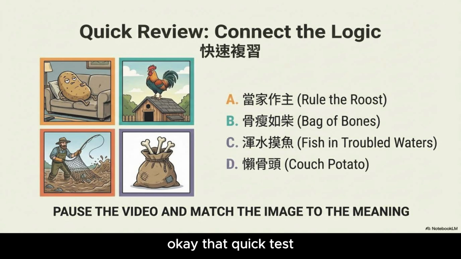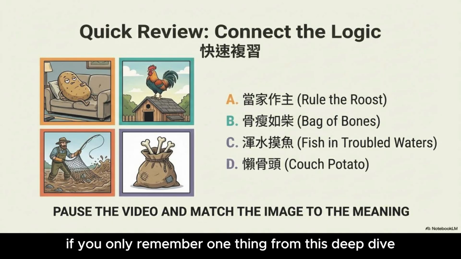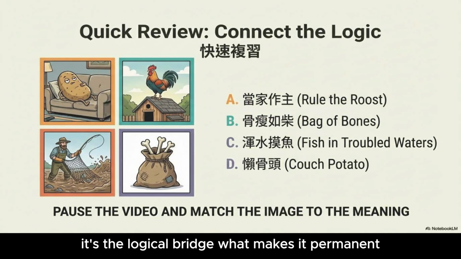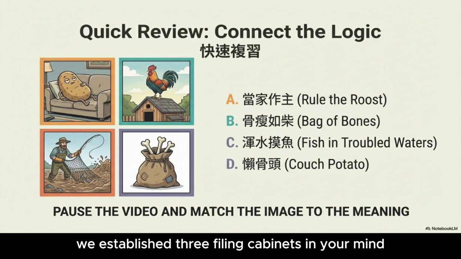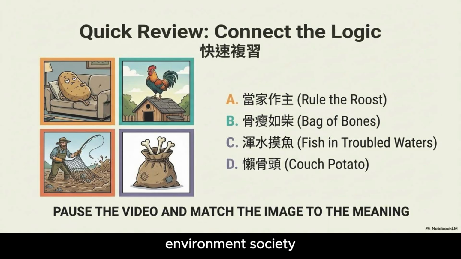Excellent. Okay, that quick test really shows the power of the visual trigger. But let's step back. If you only remember one thing from this deep dive, what is it that confirms this method is truly permanent? It's the logical bridge. What makes it permanent is that we didn't just memorize 9 isolated things. We established 3 filing cabinets in your mind that your brain already recognizes as essential categories: body, environment, society.